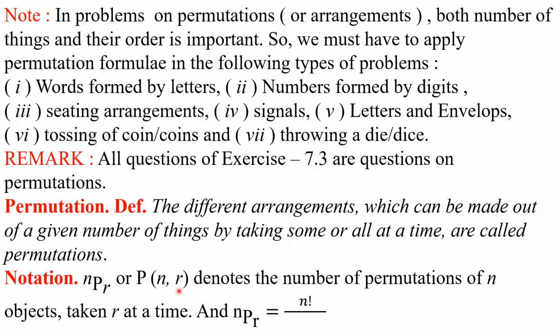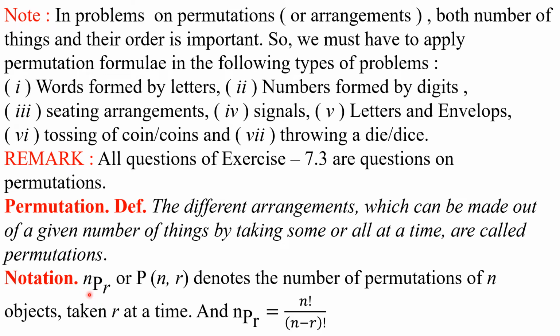Don't be confused with a point in the Cartesian plane. You denote a point in the Cartesian plane like this, but here this is not a point. Permutation of n objects taking r objects at a time. Okay, my children. But in general, we use this notation only. In most cases, we use this notation, nPr.